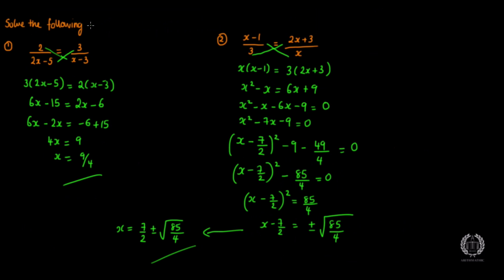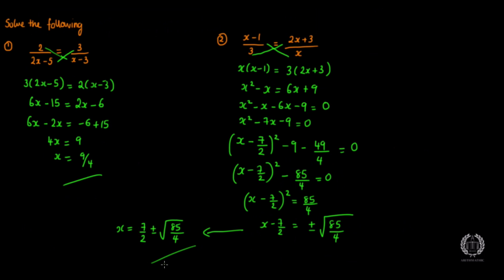Unless I said, solve the following and give me your answer to 3 significant figures, then you need to put this in the calculator and solve it. The purpose here is just to understand how this works. I'm leaving it like this, but in the exam you have to make sure you write your two answers: 7 over 2 plus the square root of 85 over 4, which you put in your calculator, and the other one with the minus.